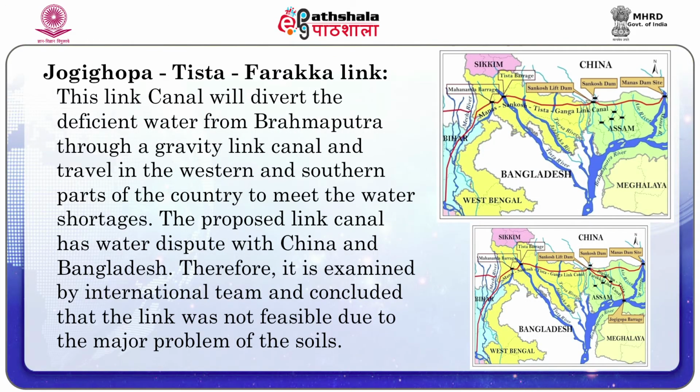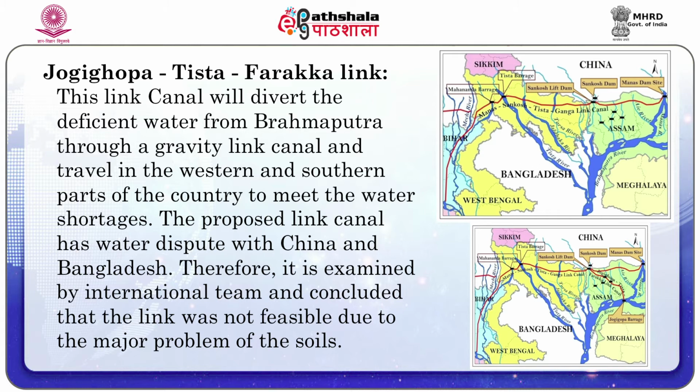Jogigopa Tista Farakka link. The Jogigopa Tista Farakka link canal takes off from the proposed Jogigopa barrage, which will divert the surplus water from the Brahmaputra through a gravity link canal and travel in the western and southern part of the country to meet the water shortages. The proposed link canal has a water dispute with China and Bangladesh.